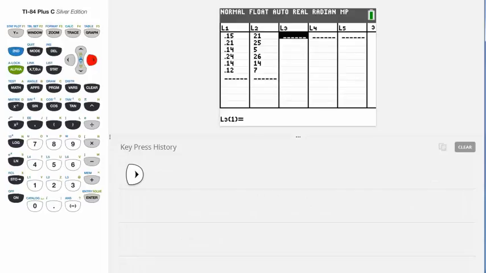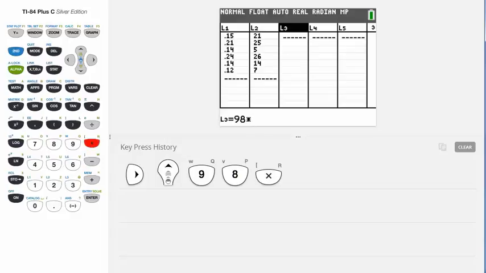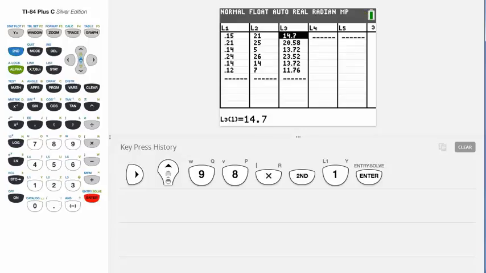So I'm going to arrow over to L3 and arrow up. We know that the total is 98. So 98 times my percentage, which is in L1, second, 1, enter. And then I'm going to move that information to my table.